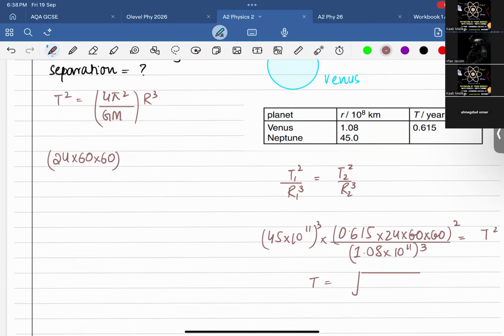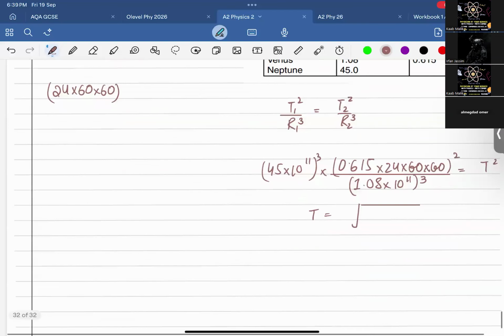Let me also try: 45 exponent 11 cubed, then 0.615 into 24 into 60 into 60 squared, and then 1.08 exponent 11 cubed. Yes, I'm getting the same, 1.4 exponent 6.